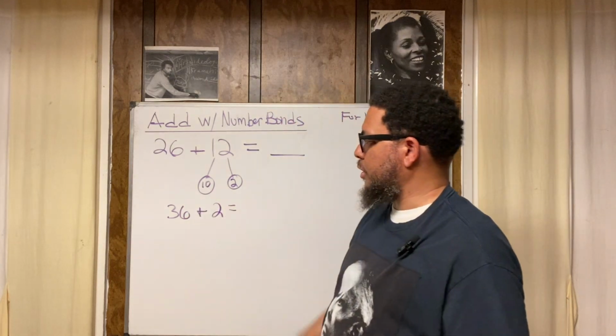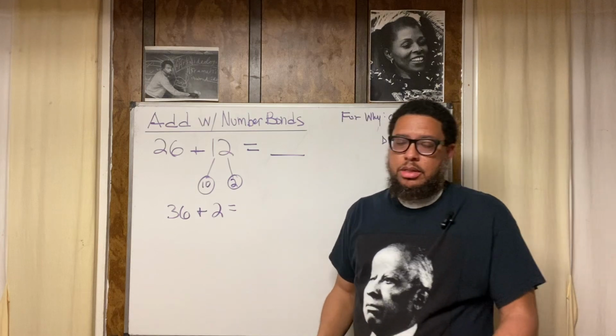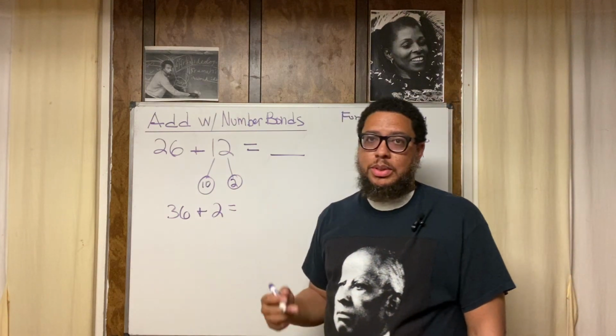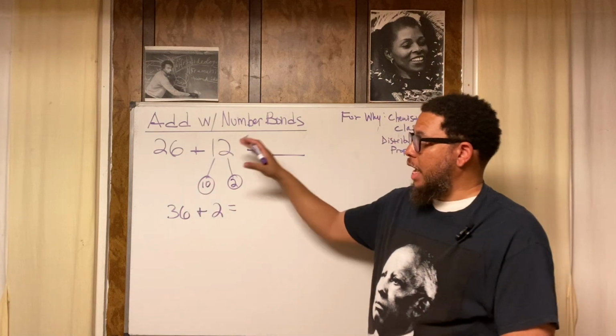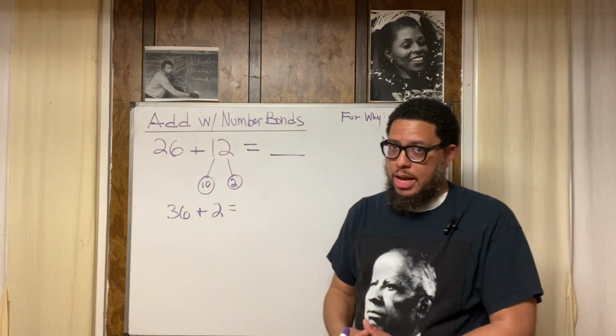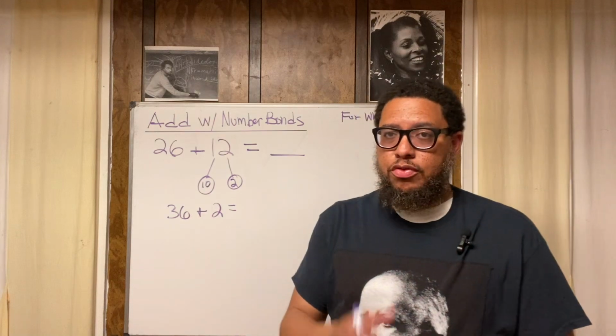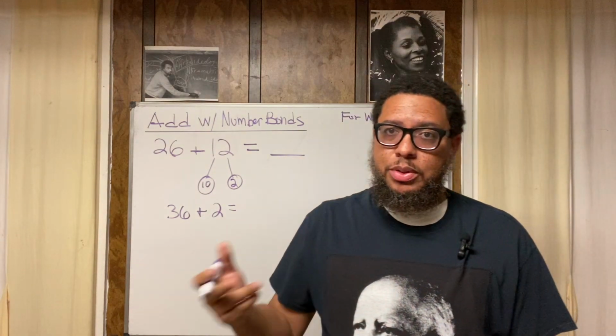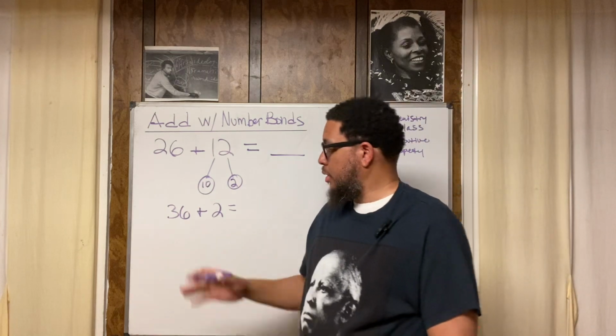So now 36 plus 2, we got 30, we got 6, and we got 2. Add the ones together. 6 plus 2 is 8. Now, if your child is adding 2-digit numbers, hopefully they have already memorized the addition facts from 0 to 10. So they should know from memory that 6 plus 2 is 8. If they do, that's helpful.